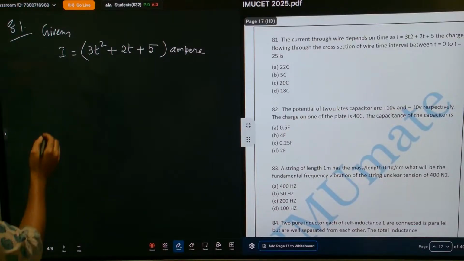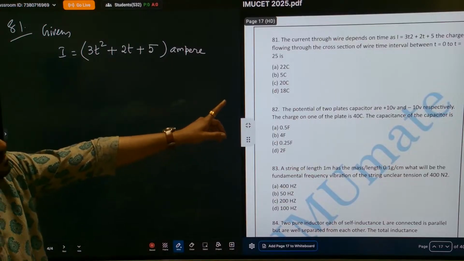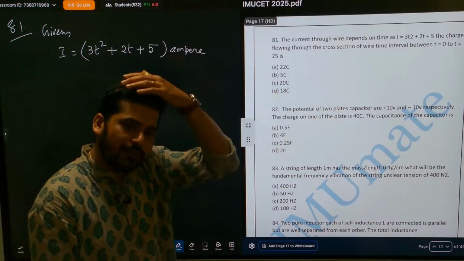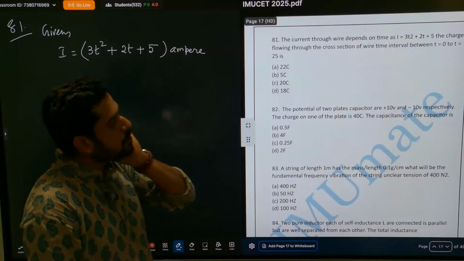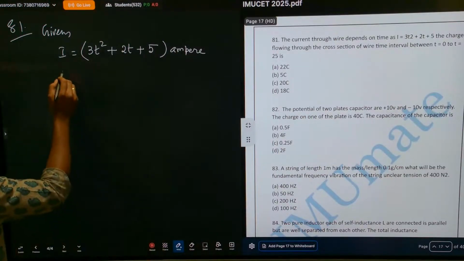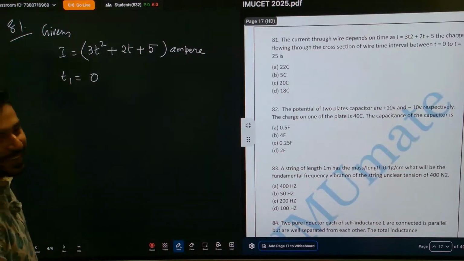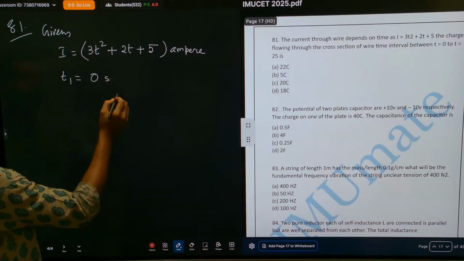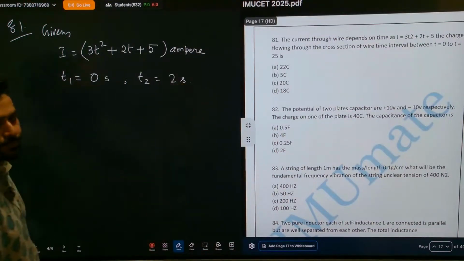See, they have given a time interval from 0 to 2 seconds, not 25. It would be 2 seconds, otherwise the answer would not match. So I will integrate it. Initially 0 seconds and the final time is 2 seconds.